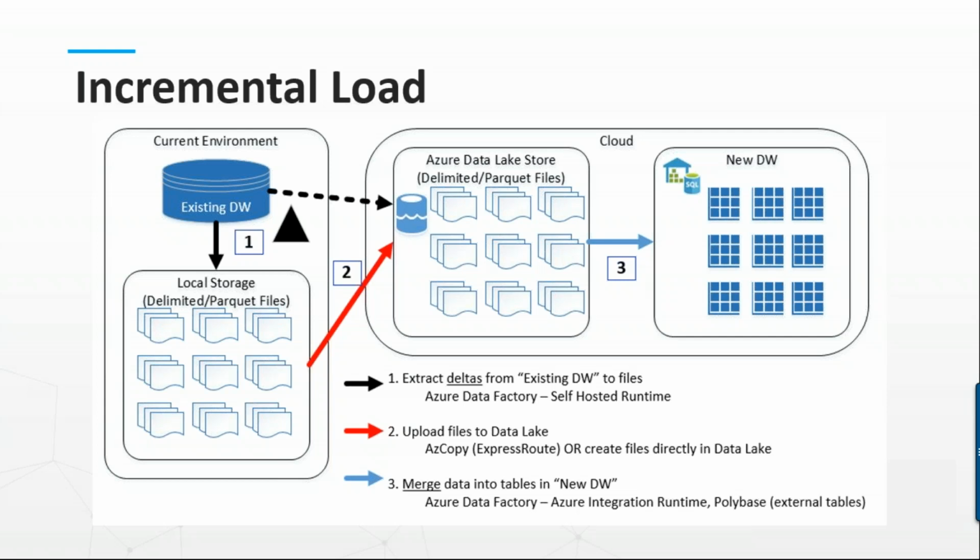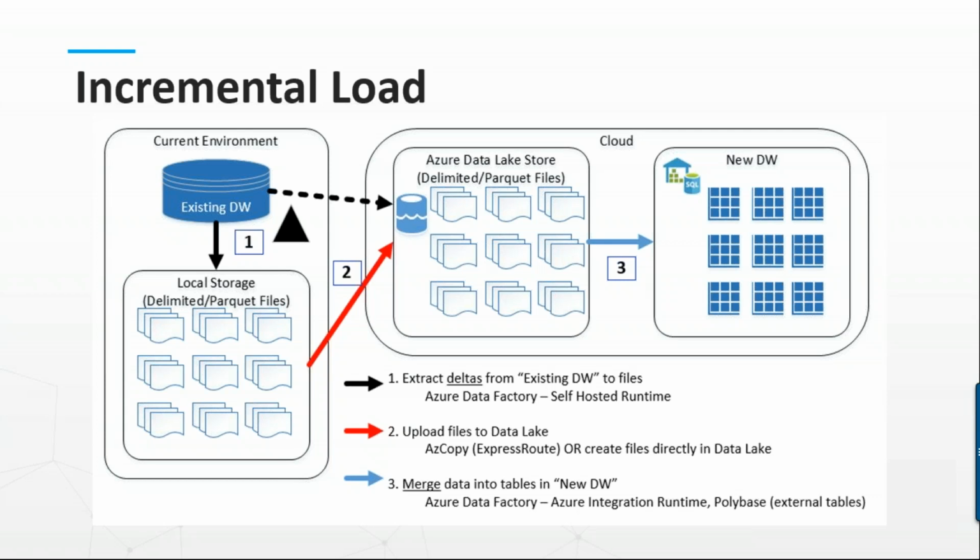One variation I called out here is that in many cases, particularly as we're getting into just regular ETL, which we'll talk about in a second, I can create the extract files directly on data lake storage. The biggest consideration there is generally just the size of the files, right?